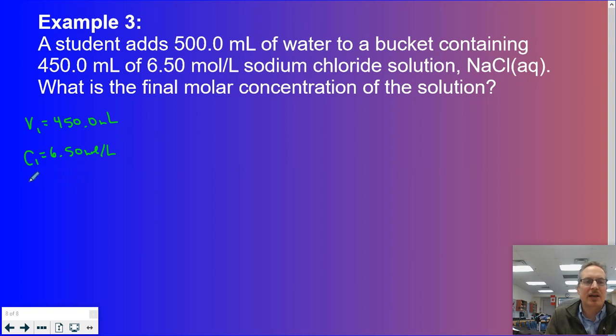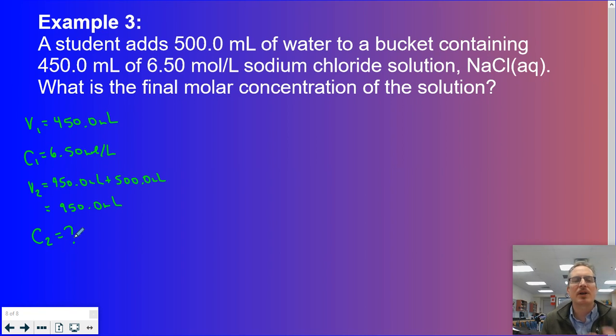Now, to that, I am going to add 500 milliliters. So I started with my 450, I'm going to add 500 milliliters, so I'm going to end up with 950 milliliters as V2. So I am then going to find the concentration of my new solution.